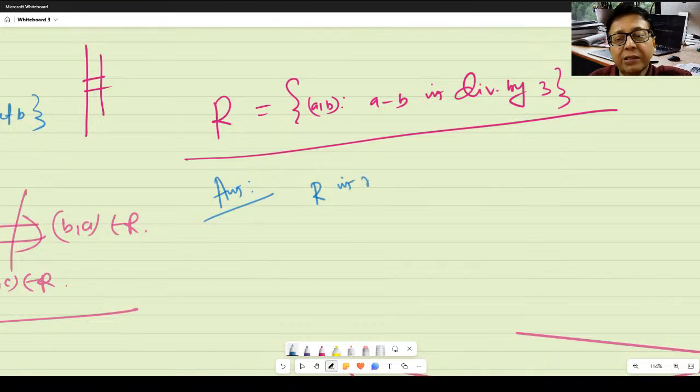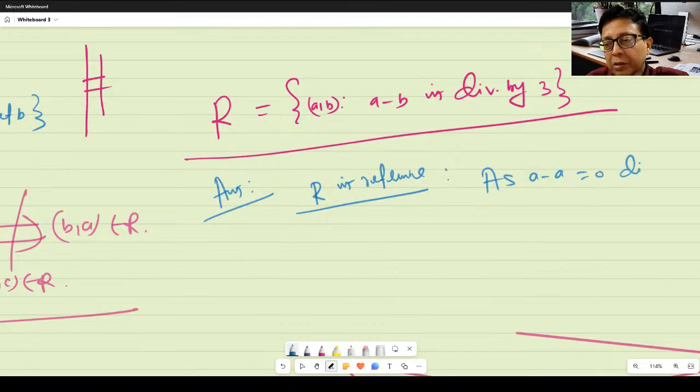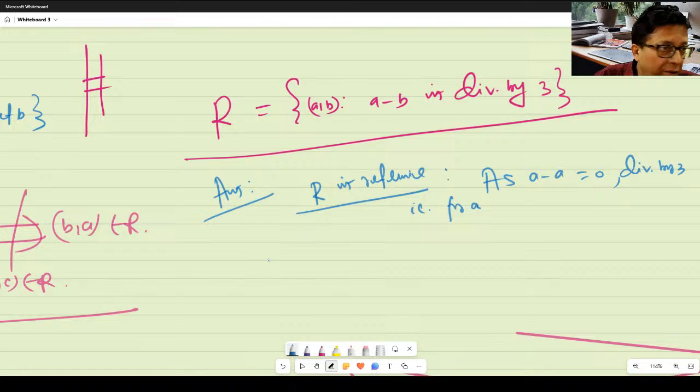R is reflexive. Why? As A minus A equal to 0 divisible by 3. That is for this ARB. What? You take A, B, we have defined on real numbers. Okay, but divisible by 3 for all real numbers is not true.